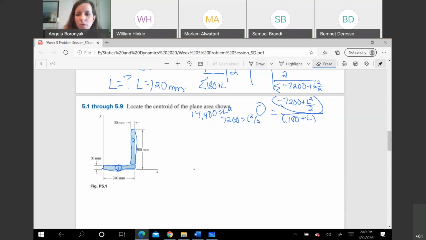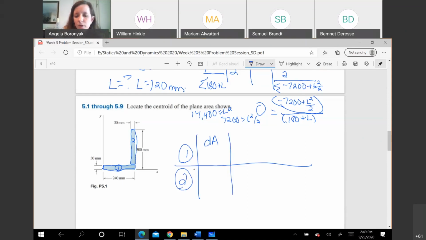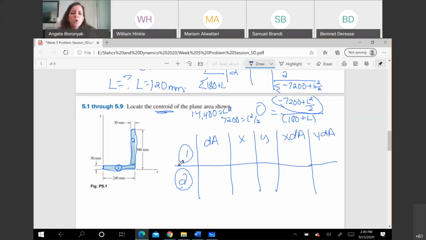So same idea. Now I would need each delta area for each part, 1 and 2. The x coordinate, and I need the y coordinate because I want the whole center point. That means an x and y value. And then I'm going to sum those and divide by their total areas.